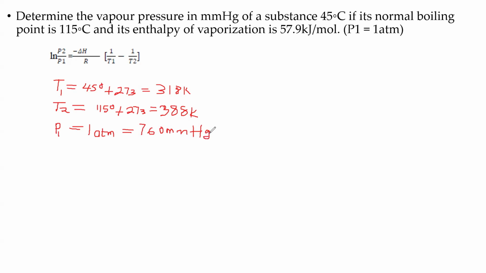We have to convert it to mercury because the question asks us to determine the vapor pressure in millimeters of mercury. So the answer we get at the end is going to be in millimeters of mercury.